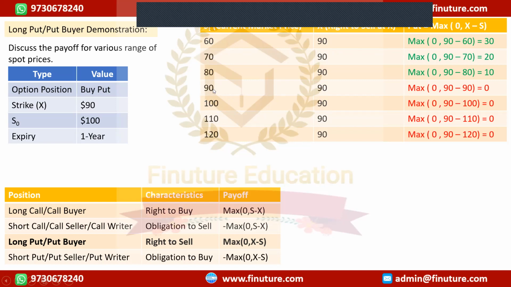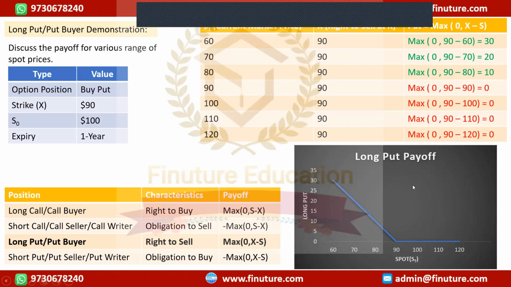But the moment your market falls below 90, say it goes to 80, you will go to your option seller party and say that I would like to exercise my right to sell at 90, and that party has to fulfill the agreement. So you sell at 90 by buying it from the market at 80. So eventually you get a profit of 10, 20, and 30 as and when your stock price falls.